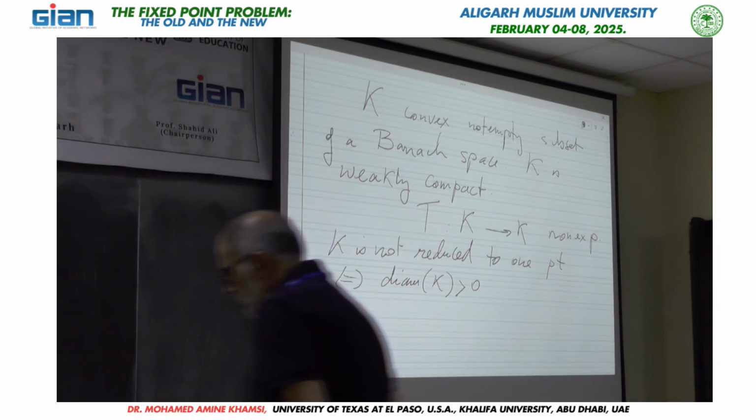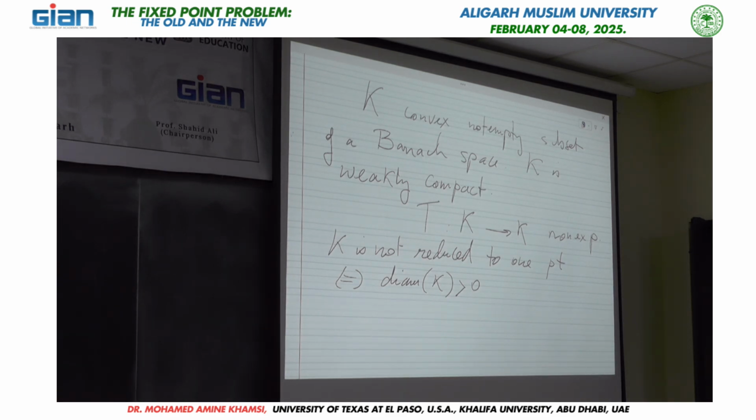So I'm not going to work with the one for bounded, closed, and convex sets. I'm working with weak compactness. And the reason is because if I don't have weak compactness, I am not able to generate the minimal invariant set. See? That's the problem.